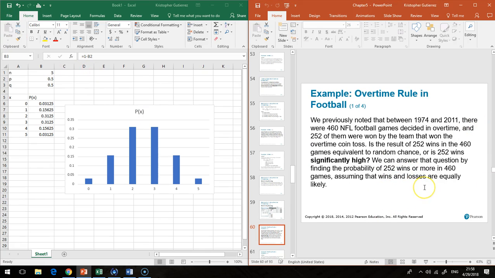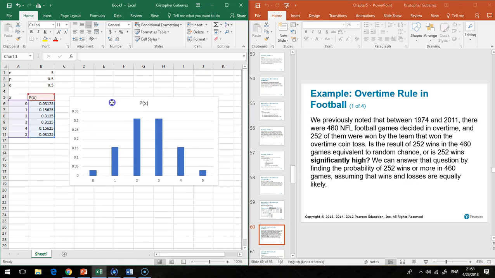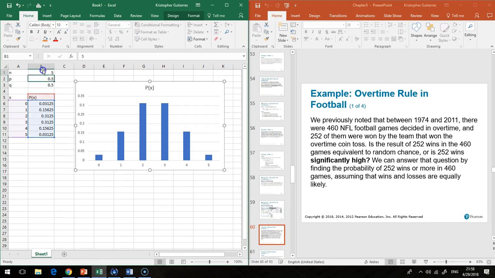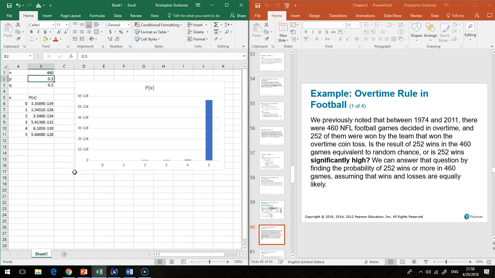Alright, a coin toss is 50-50. So now what we're going to do is our number n, we have 460. That's the number n. And the result is 252 wins in 460 games.